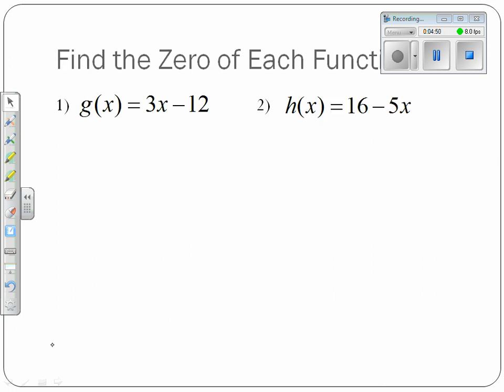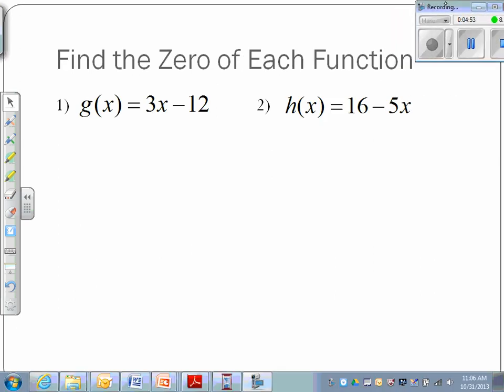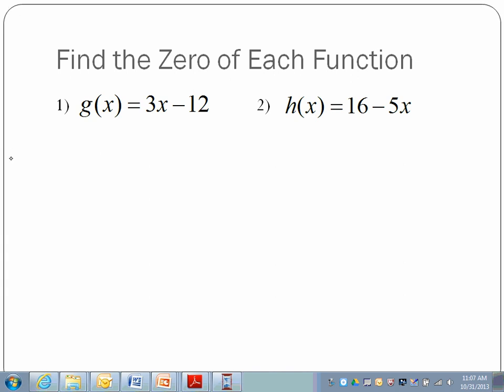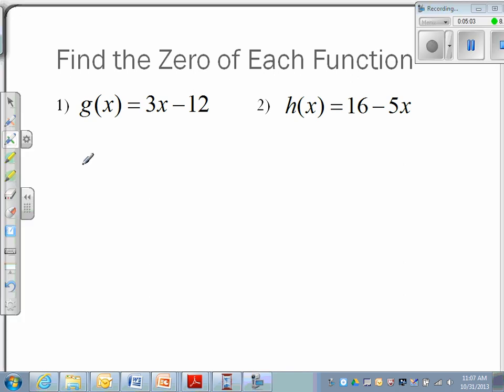Okay, so let's take a look at some functions we're given as equations and talk about how we would figure out what the zero is for each function. Okay, so for number 1, again, to find the zero of a function, we're looking for where the output value is 0, or where the dependent variable is 0.